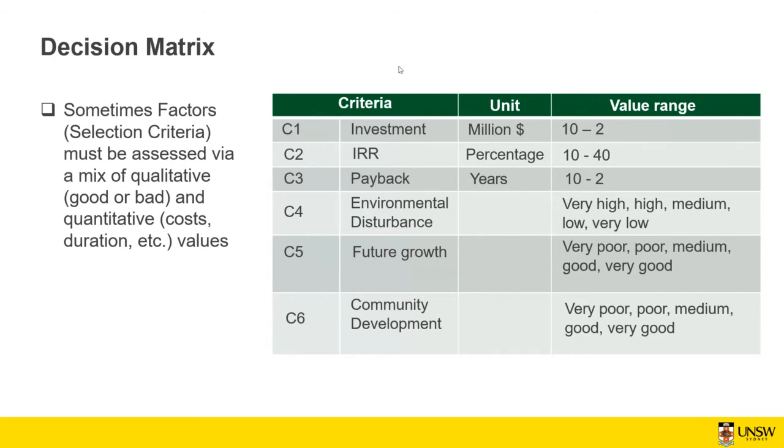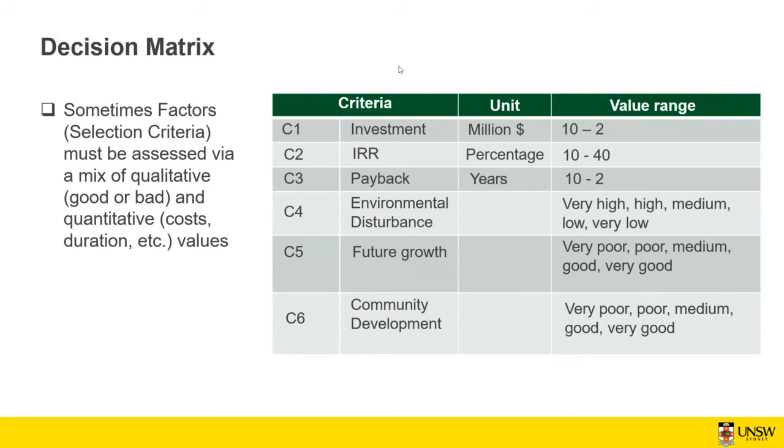The other thing is that for some criteria, you want the highest number to be preferable. So for example, for internal rate of return, the higher return is more preferable than the low return. But for some other factor like investment, you want to have the lower score. So you want to have lower investment for that project to be preferable. Or lower payback period.